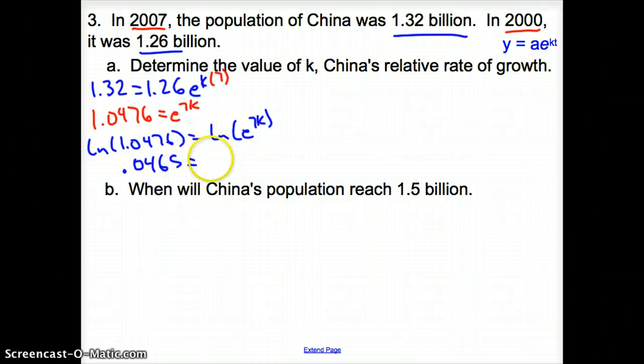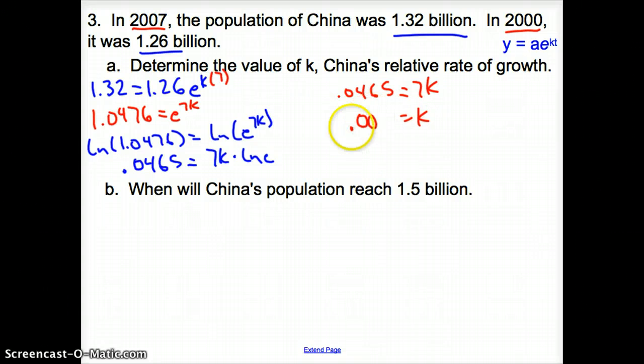That's going to equal 7k times ln e. The natural log of e turns into 1. So we are left with 0.0465 equaling 7k. We divide by 7, so we get k equals 0.0066 for our rate of growth.